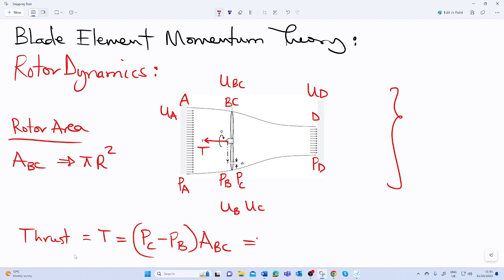So therefore, our fully developed equation becomes thrust equals PC minus PB times pi r squared.